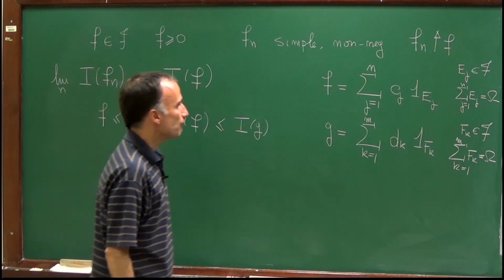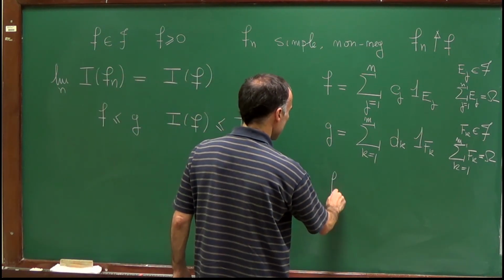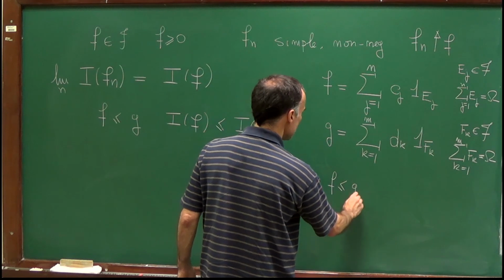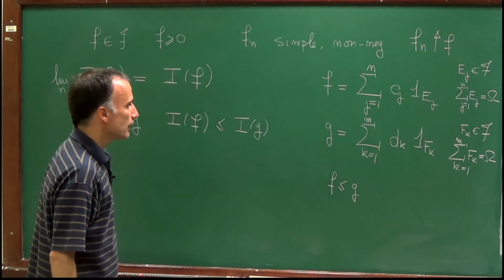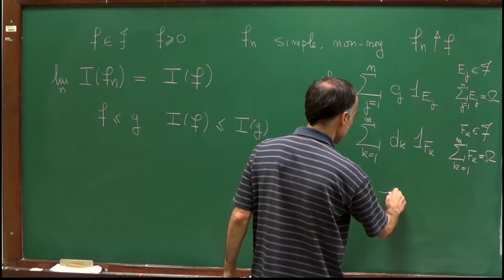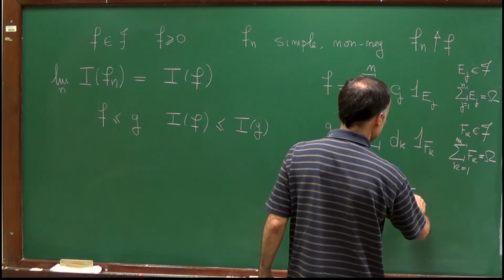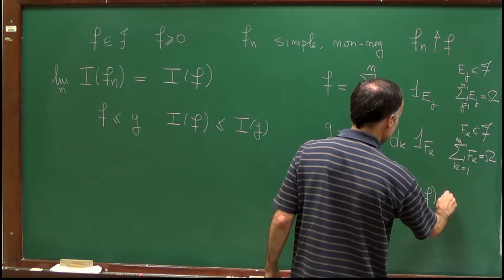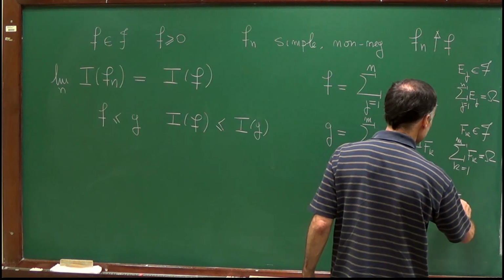Well, and let's assume that f is less or equal than g, and let's prove that I of f is less or equal than I of g.